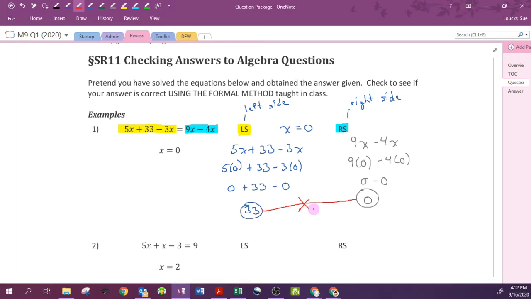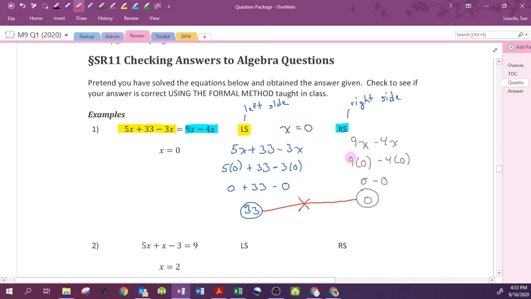I could have made the mistake in my checking of the left side, I could have made it in the checking of the right side, or it could be that my x equals 0 is wrong. My recommendation is, if these come out different, check your calculations on the left and right sides first, usually because they're the easier calculations to check, and make sure you haven't made a silly mistake in there.